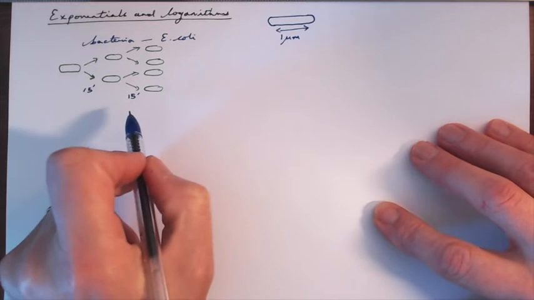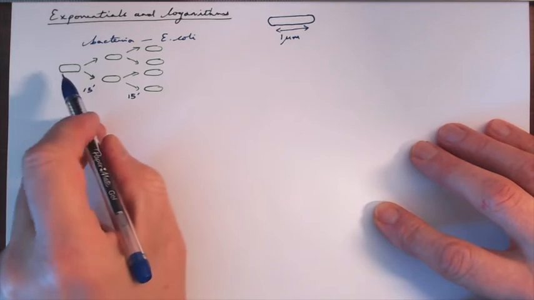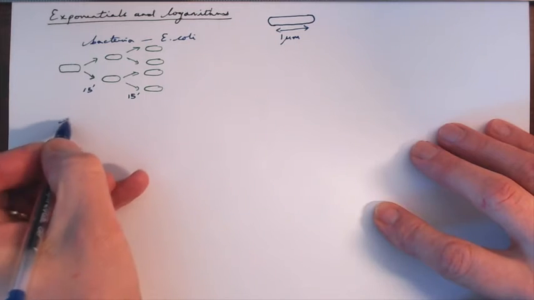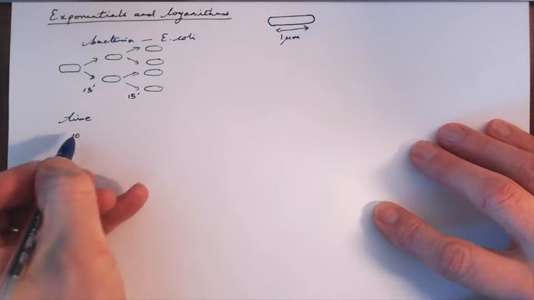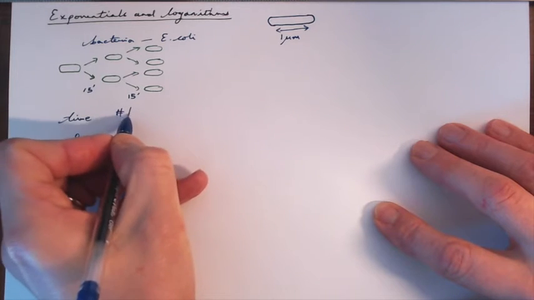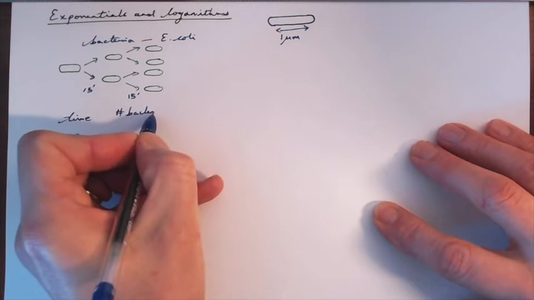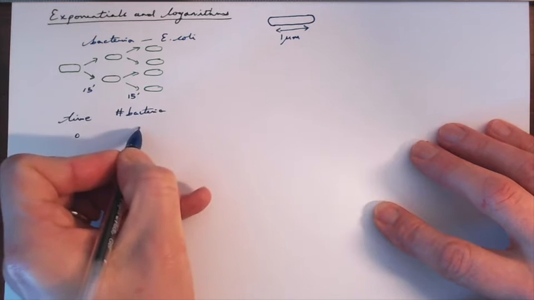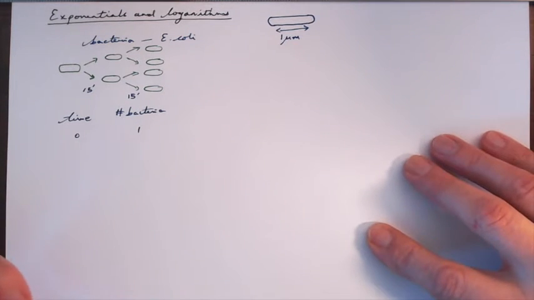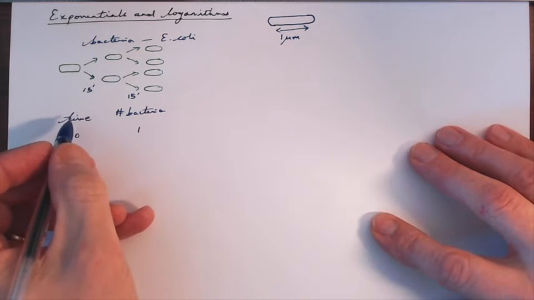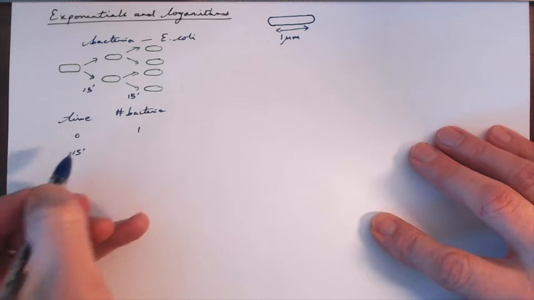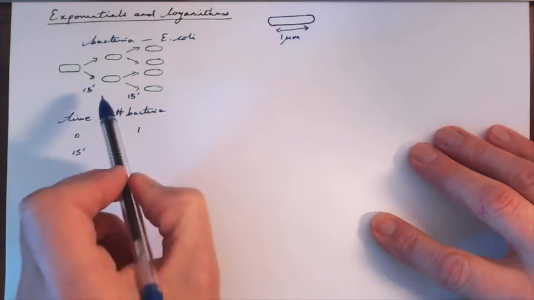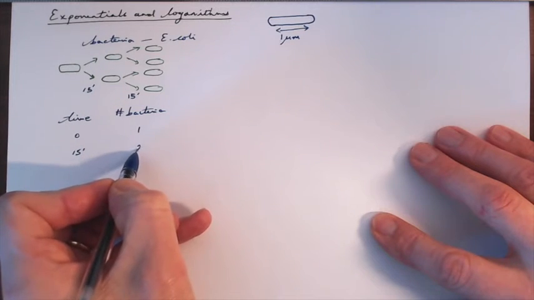And what I want to do is imagine a scenario where we have, at time 0, 1 bacteria. Let's say the number of bacteria at time 0 is 1. And then let's trace what happens. So after 15 minutes, this first bacteria has divided into 2.